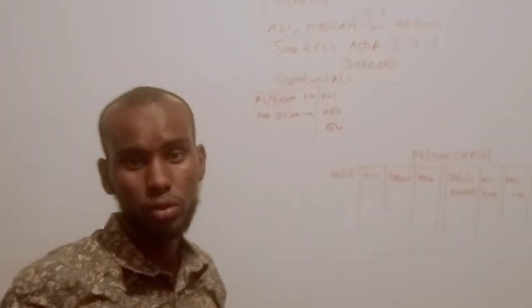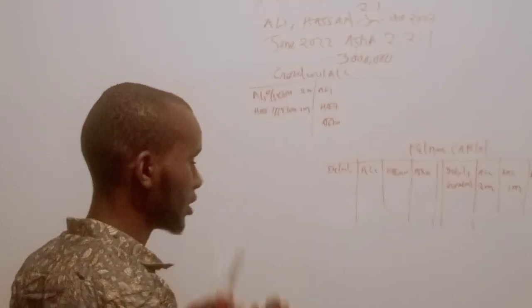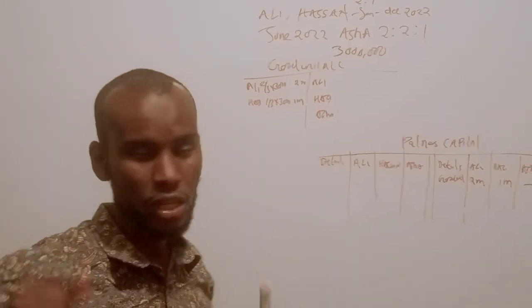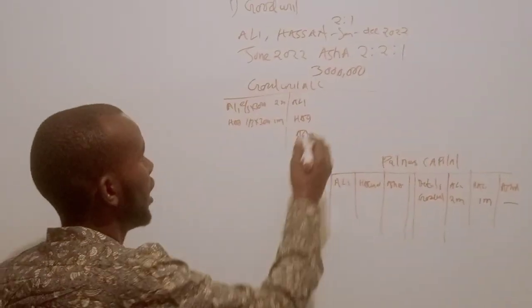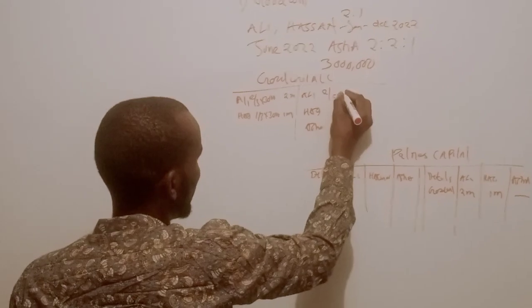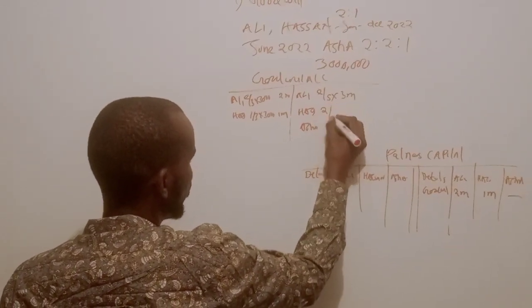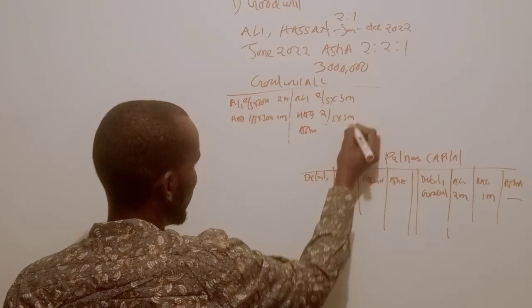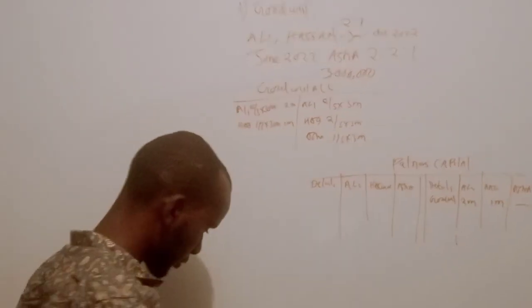When she pays for the first time, it will be shared by the two partners. But when we are setting off in the final year, it will be shared by the three partners. Now, Ali will get, with the new ratio, 2/5 multiplied by 3 million. Hassan will be the same, 2/5 by 3 million. And Aisha will be 1/5 by 3 million.